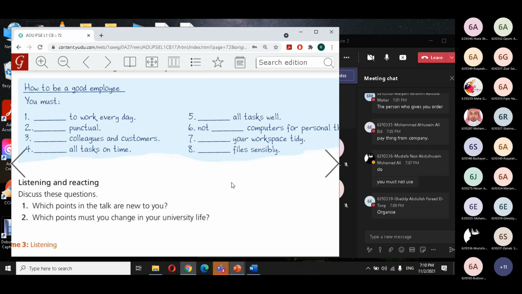You must not use computer for personal things. You must keep your workspace tidy. And number 8, you must organize files sensibly. Sensibly means in a good way. And we said we have 2 ways, either alphabetically or chronologically.